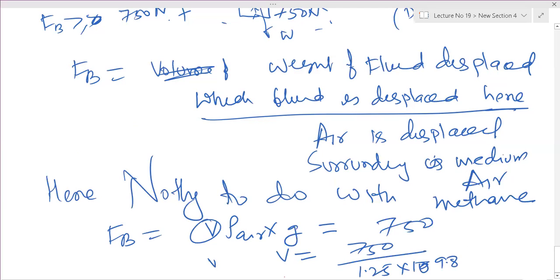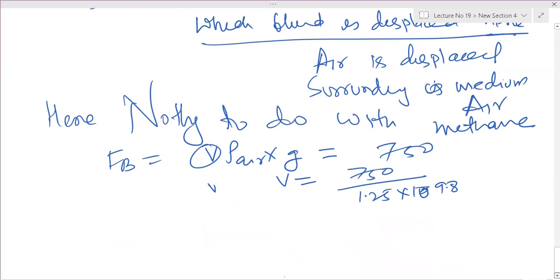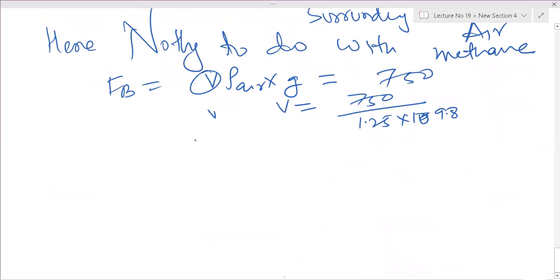What is the answer? Air is displaced. Good, Anupam. So what is the answer now? Anupam says 61.